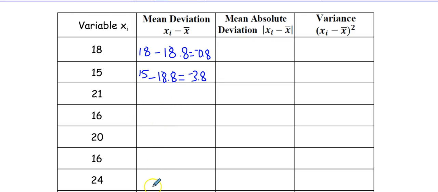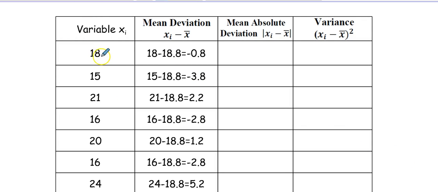So you should go on subtracting 18.8 from these values. I have done it here already. You have 18 minus 18.8, 15 minus 18.8, then 21 minus 18.8, 16 minus 18.8.